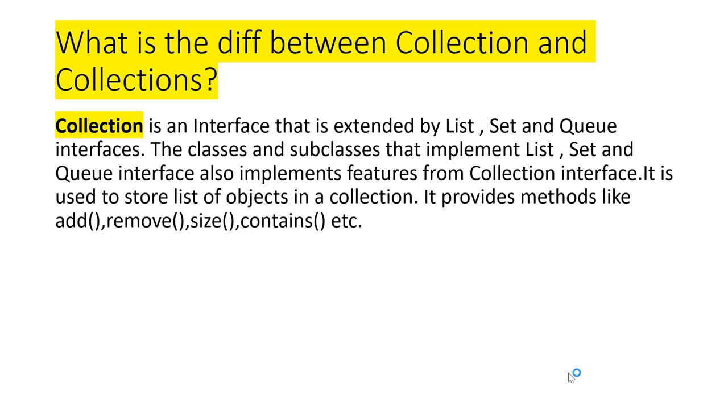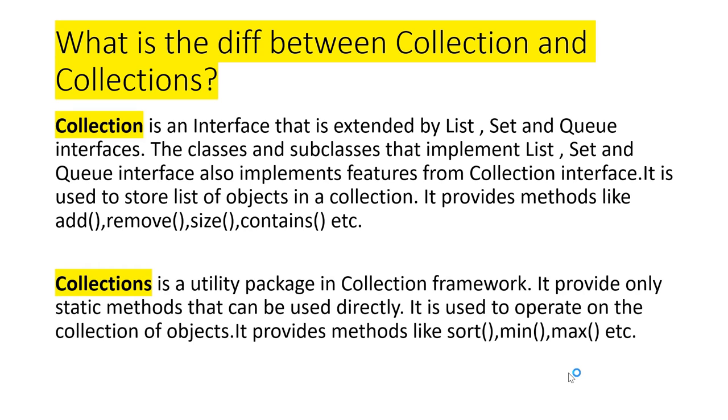It gives us methods like add, remove, size, contains, etc. Collections is a utility class in the collection framework, and it provides only static methods that can be used directly, like sort, min, max. You don't need to implement these methods. These are already available in the Collections class.